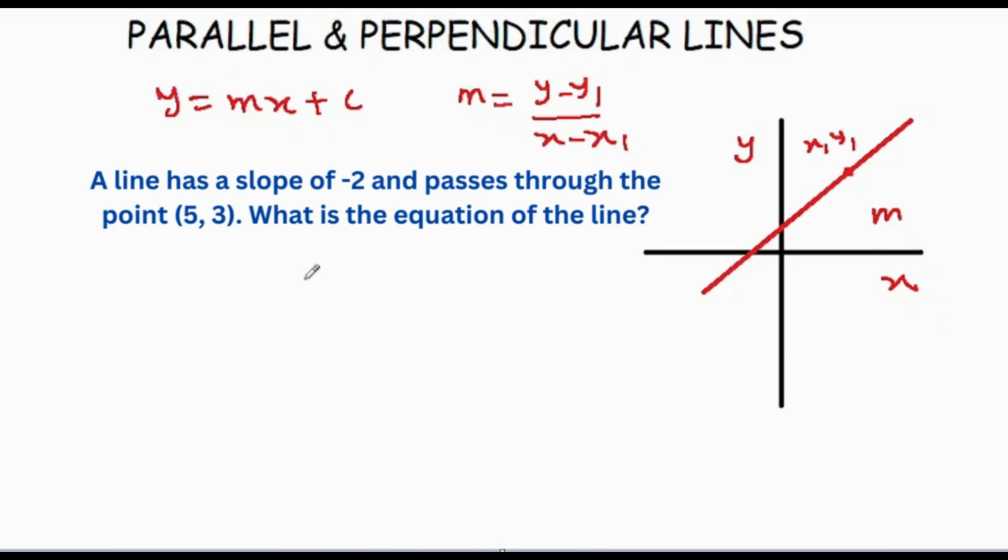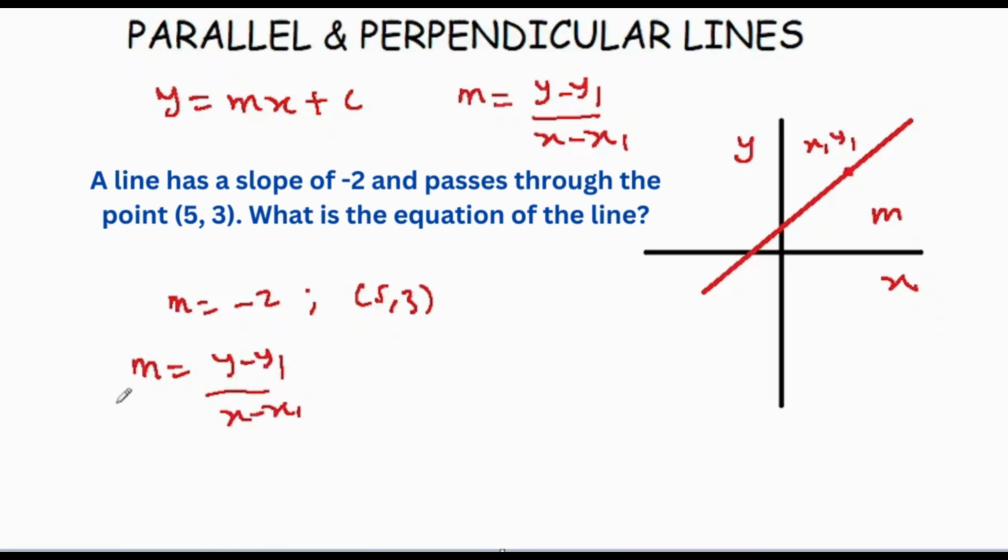Let's consider an example. In this example, we're given our slope. Our slope is -2, and we're given a point. The coordinate of that point is (5, 3). So let's use our formula, which is m = (y - y1) over (x - x1).